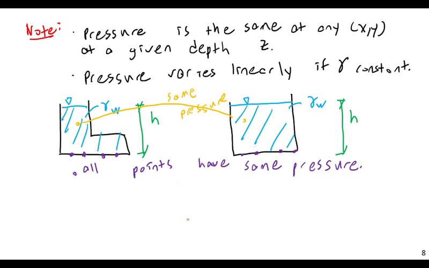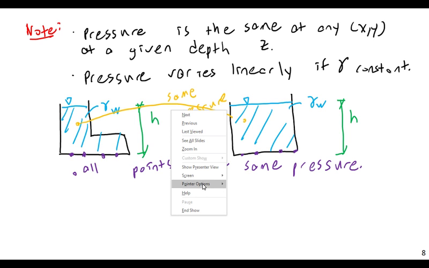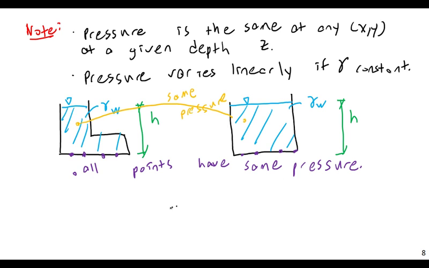Okay. And if I'm looking between two different points, we know that P2 is going to be equal to P1 plus gamma H, or gamma Z. Now, if I express this in absolute pressure, between points 1 and 2, what is P1? The P1 on the top of the fluid is just atmospheric pressure.